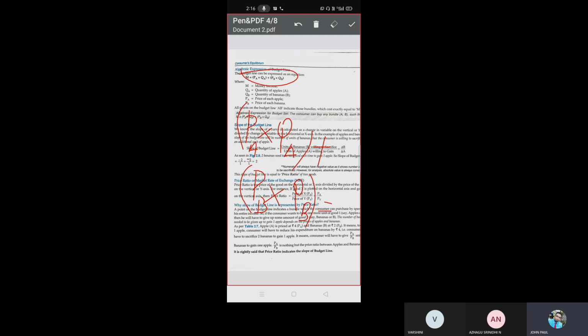So in the previous example, they came to a conclusion. The price of apple is 4 rupees, and I can buy 4 apples, which costs me 16 rupees. Next, I can go for 2 into 2.